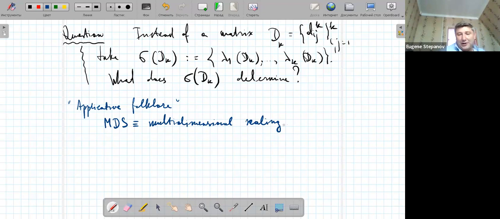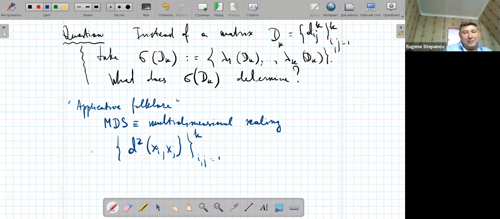In multidimensional scaling, instead of a distance matrix, you take a squared distance matrix. Let's say you take d squared from xi to xj, for i, j from 1 to k, and let me call it d squared k.